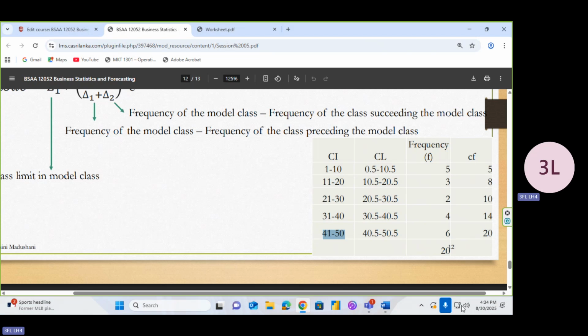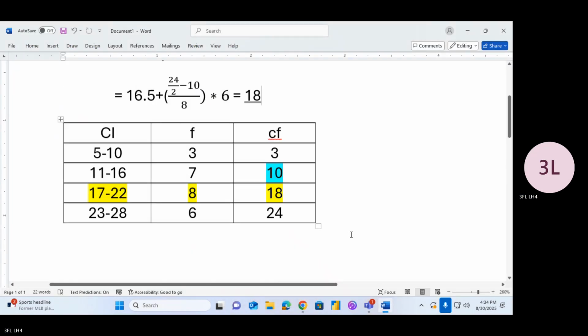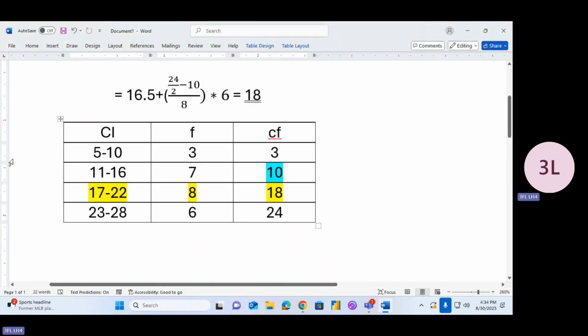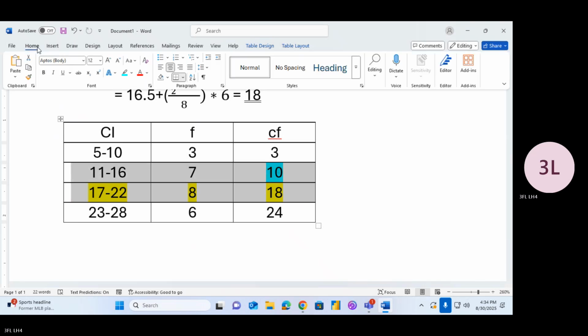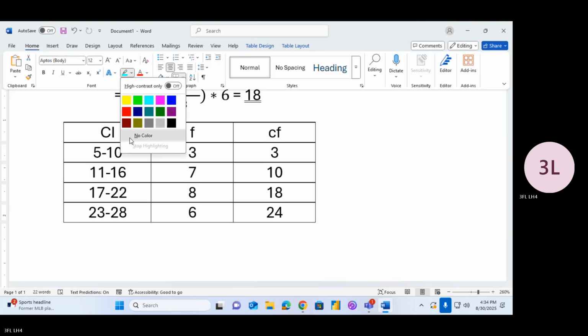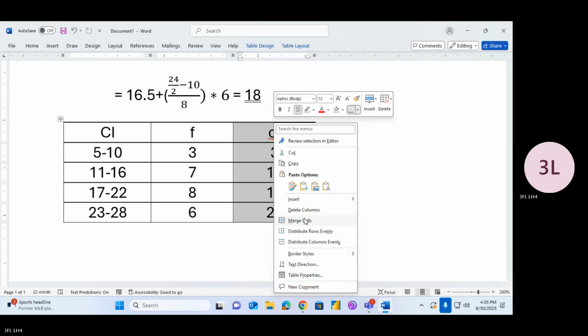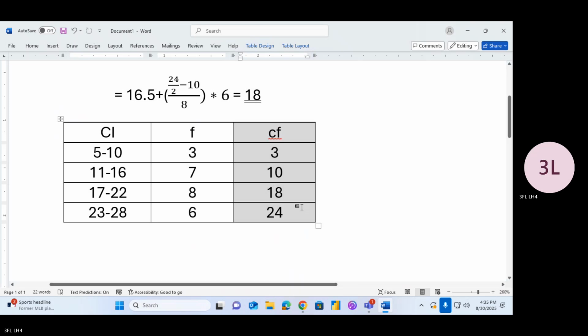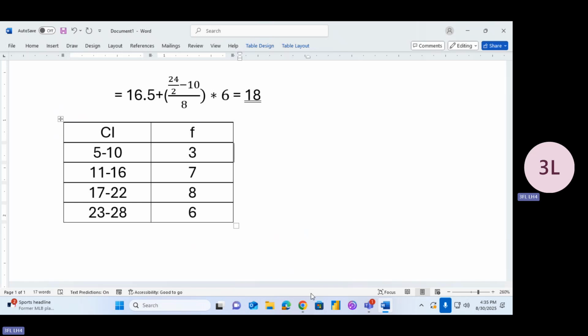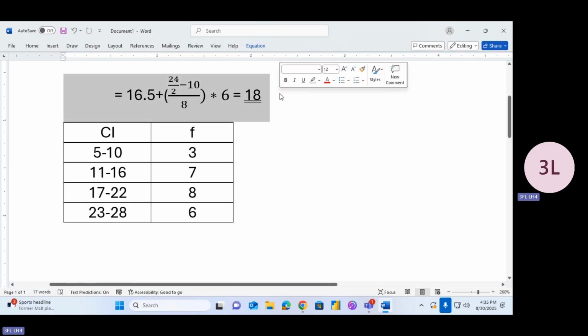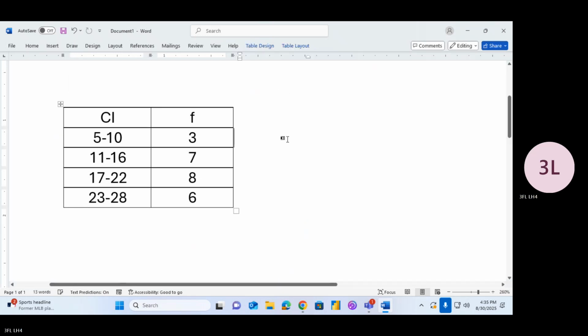Then we take the same example and find out. Then you take this one. We take this example. Then this is your formula.